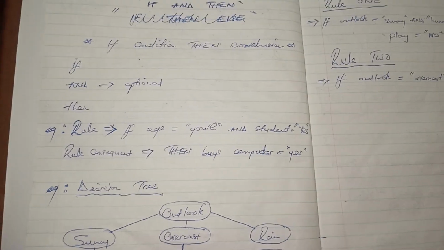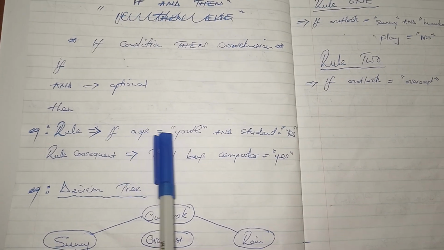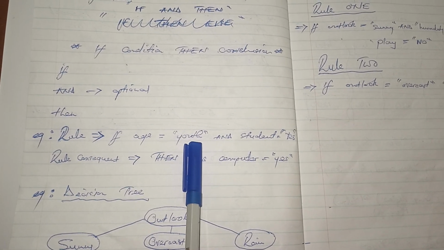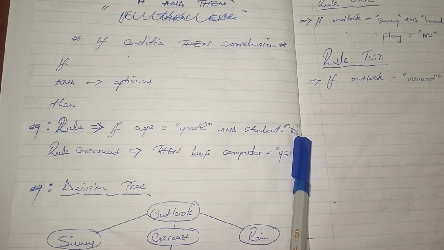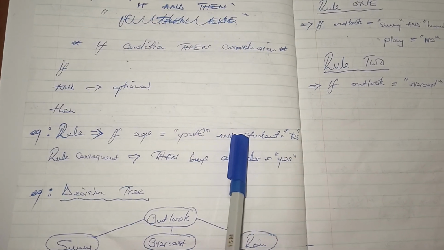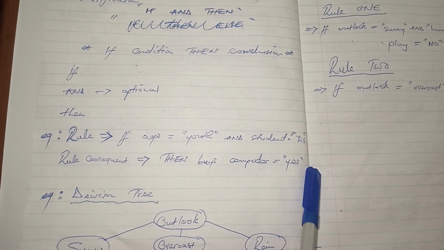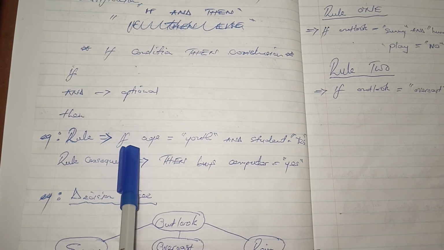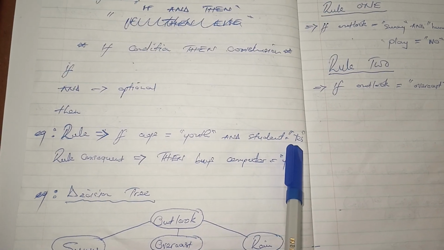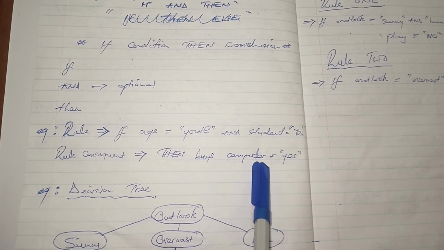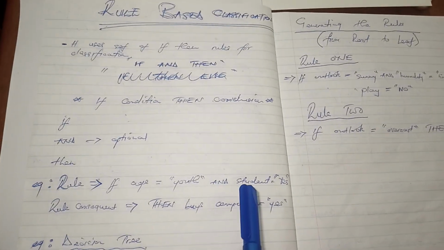So the rule would be: if age equals youth, that's a condition, and student equals yes, that's the second condition, then the conclusion: buys computer equals yes. So if the person is a youth and a student, then we buy the student a computer, right?